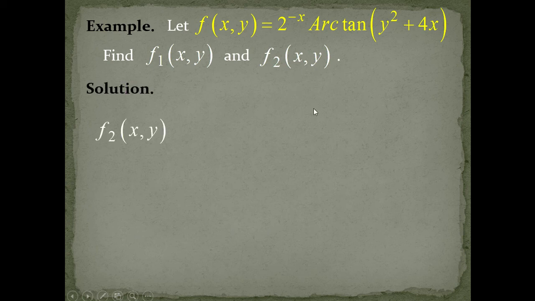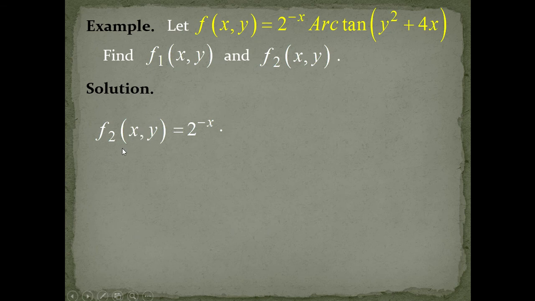Okay, so for our solution, by the way, we'll start with this one, partial derivative of the given function with respect to y. Because this one has a little longer solution, this one is a short one, so better to start with this. Alright, so we're given this function and now differentiating partially with respect to y.